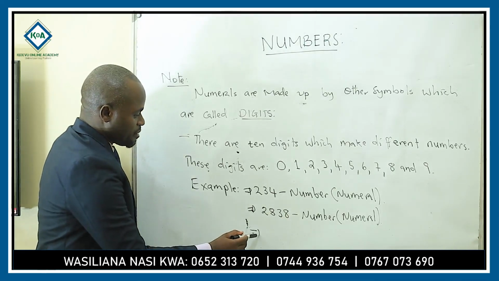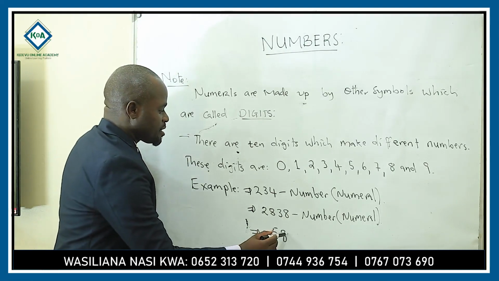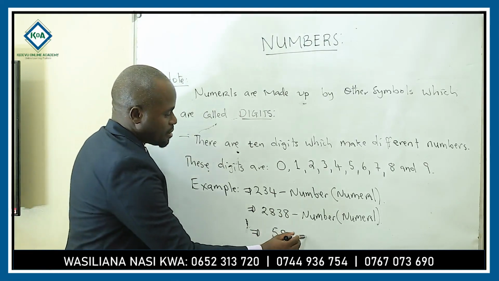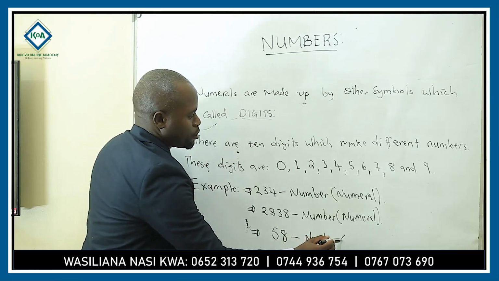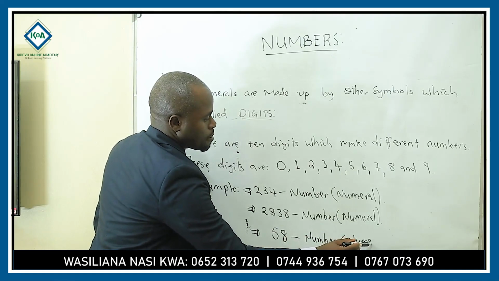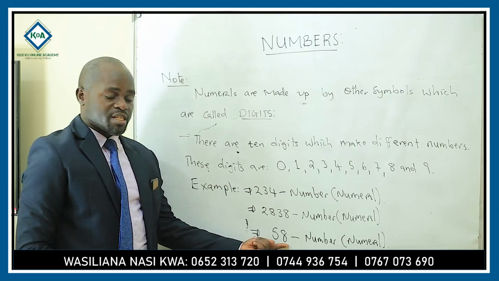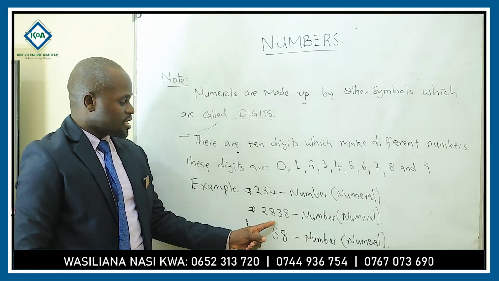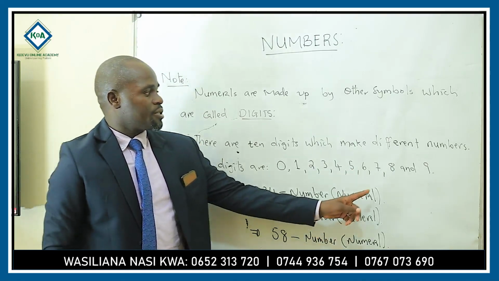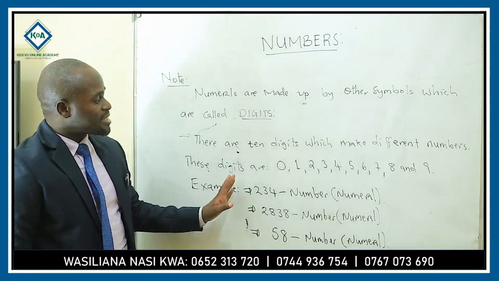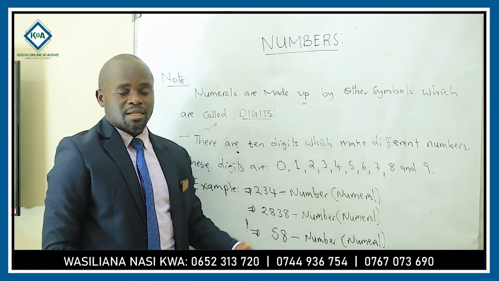Also, we have maybe, for example, a number 58. Now, 58 is a number or numeral. But this number has 2 digits. The first one is 5, and the second one is 8. That's why we said if you write any number, you will use one among these 10 digits.